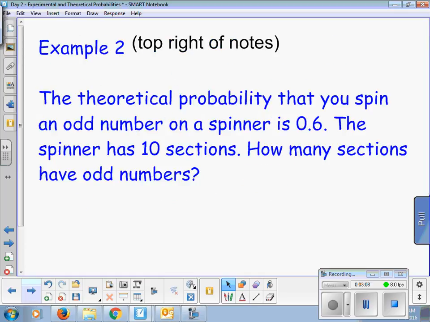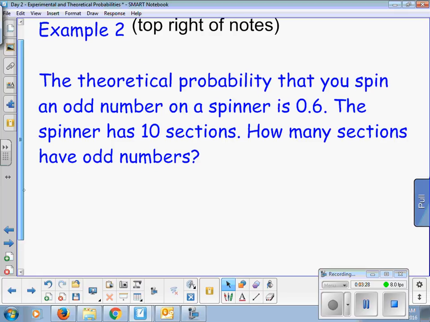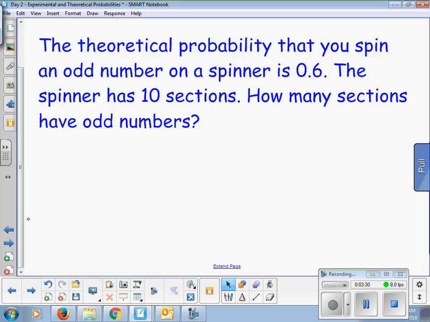Okay, we are moving back to the examples, which are at the top right of your notes, and we are back at example 2. For example 2, the theoretical probability that you spin an odd number on a spinner is 0.6. The spinner has 10 sections. How many have odd numbers? So if we look at this, what is our probability that you land on an odd number? 0.6 or 60%.